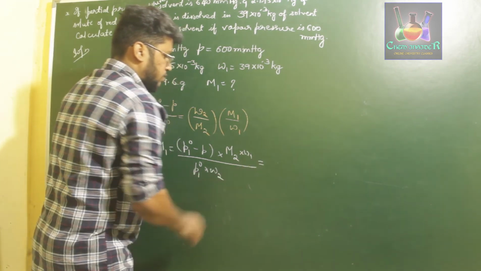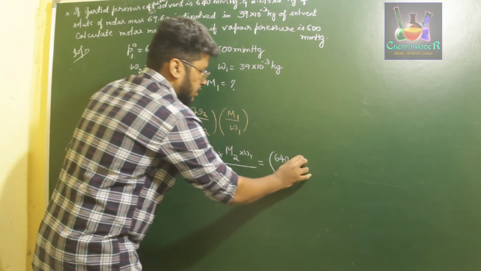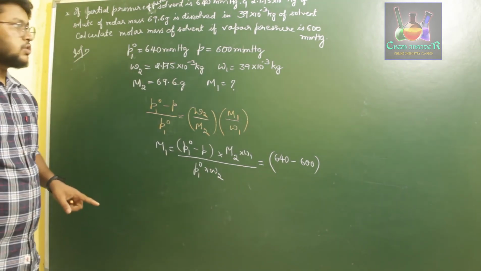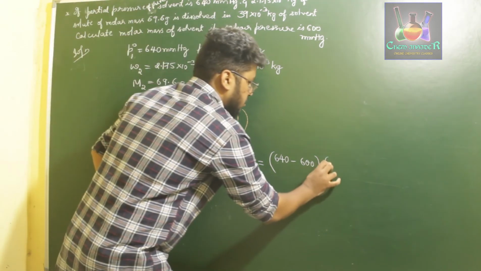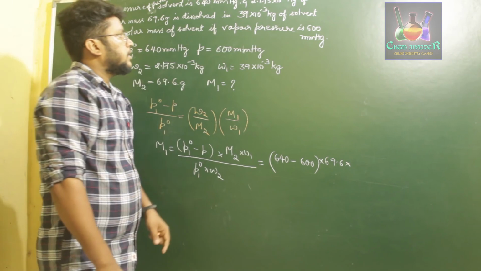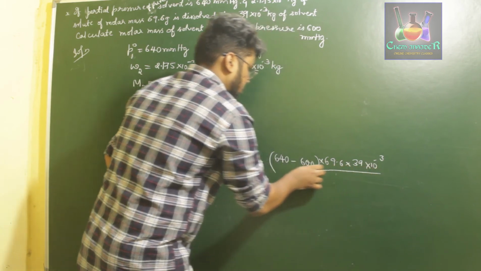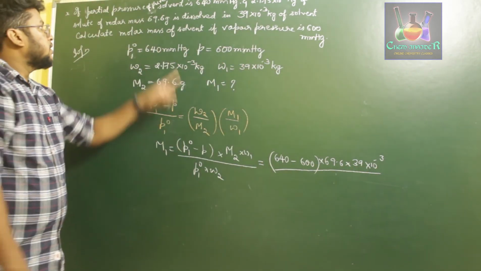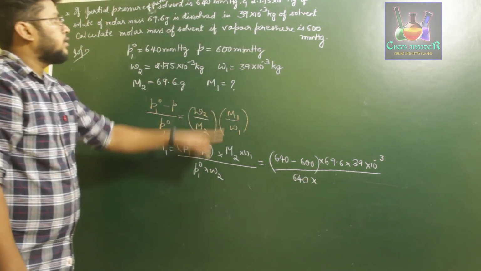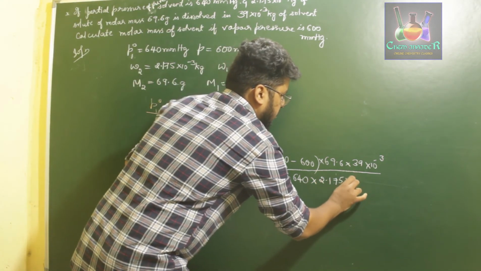Now substitute the values which they have given. P1 naught is 640, P is 600, into M2, that is the molar mass of solute, 69.6 grams, into the weight of solvent, 39 into 10 power minus 3, whole divided by P1 naught, that is 640, into W2, that is 2.175 into 10 power minus 3.